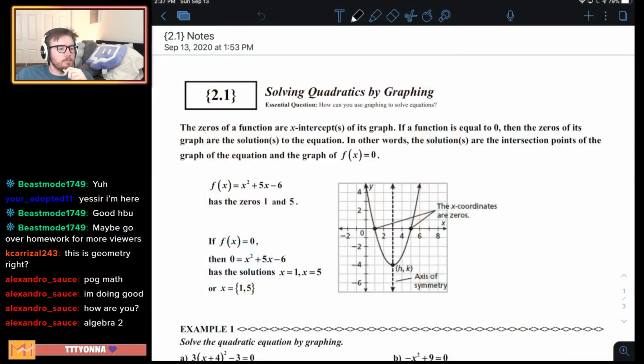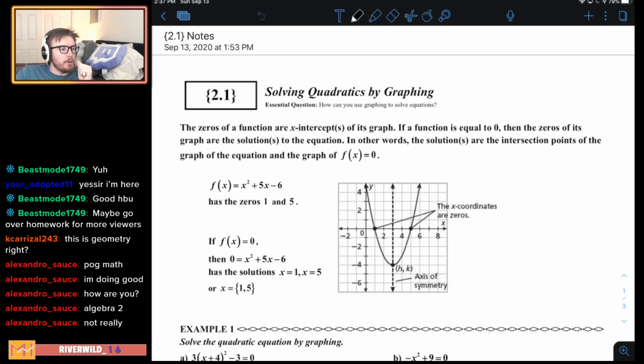Are you here for Algebra 2 or are you just a stranger in the world? I'm doing good. For Algebra 2? Okay. Did you do anything this weekend? Really? Feel that. I saw Tenet again in theaters. Recommend that movie. Pretty dope.